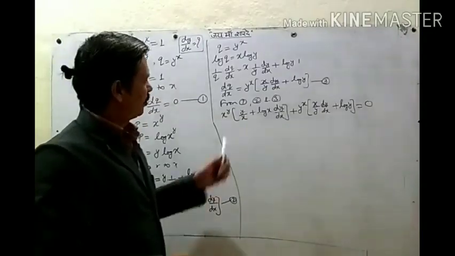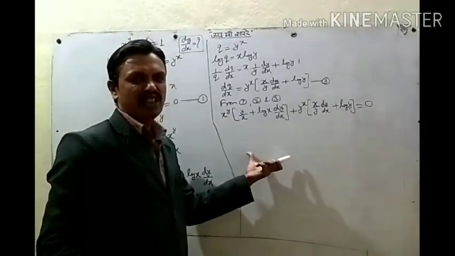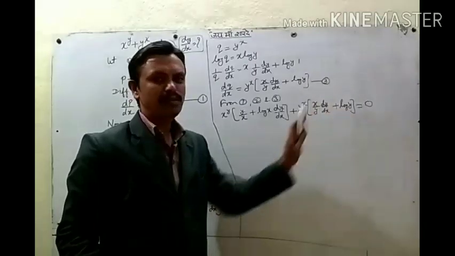Okay, so now from this, collect all the terms which contain dy by dx on one side and the other terms on the other side.